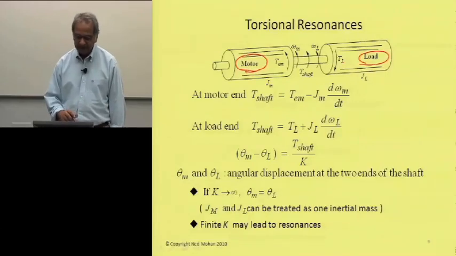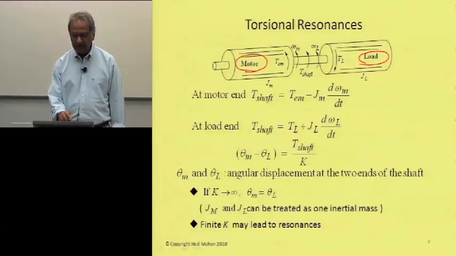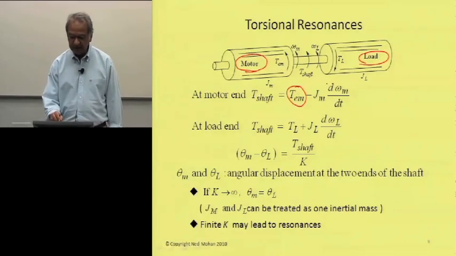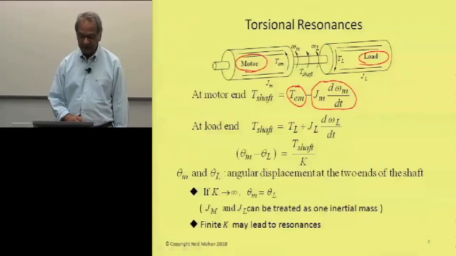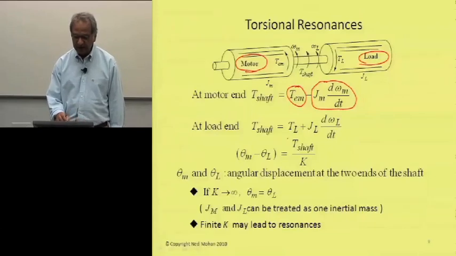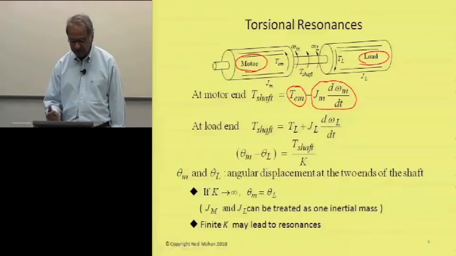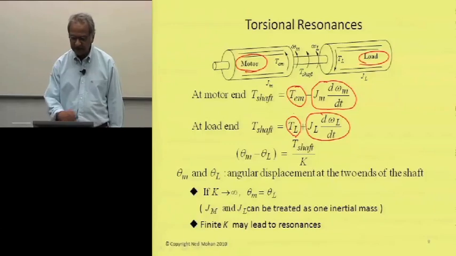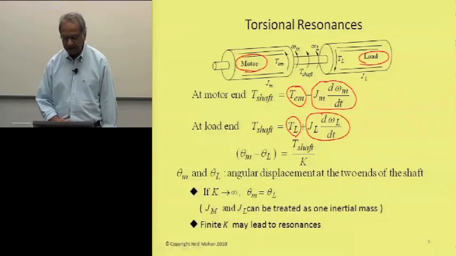And so at the motor end, the shaft torque is the electromagnetic torque that this motor is generating minus the torque it takes to accelerate this motor, right? But at the load end, the shaft torque is equal to the load torque, which has to be overcome, and the torque needed to accelerate this load over here.